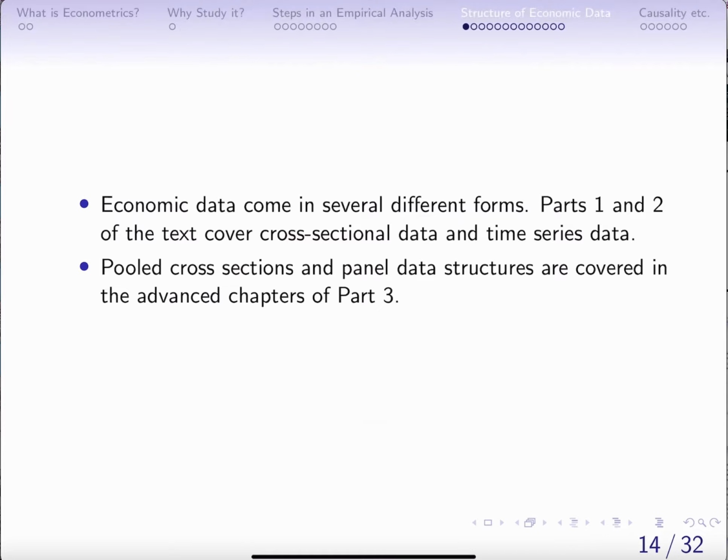In this video, we'll talk about the structure of economic data and what are the types of economic data that we might encounter. So we're going to be discussing four types of economic data that we encounter. The first data set that we'll talk about is called a cross-section or a cross-sectional data set.